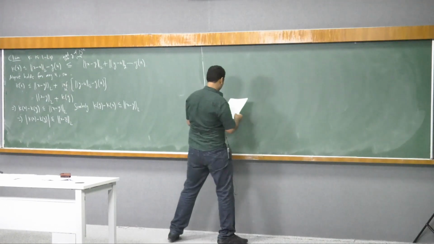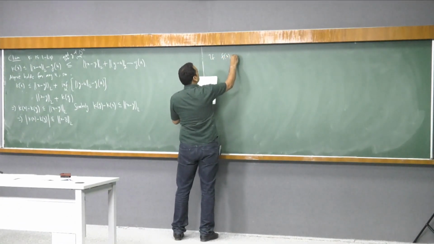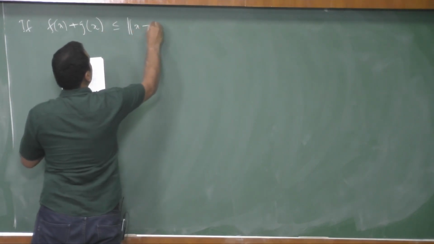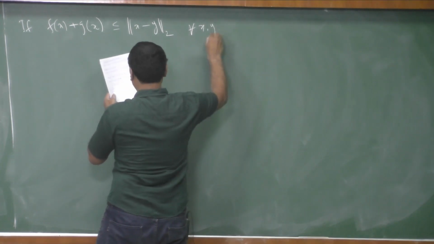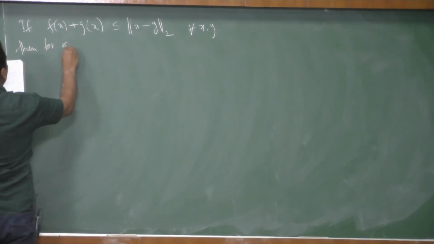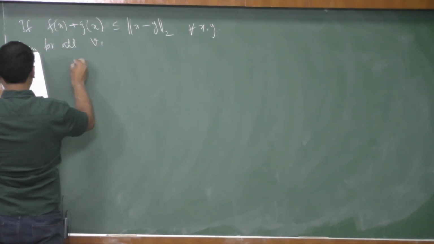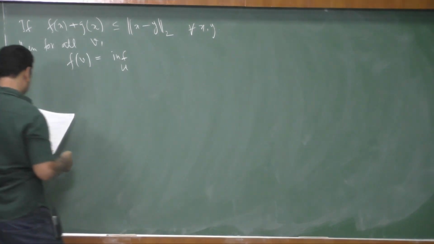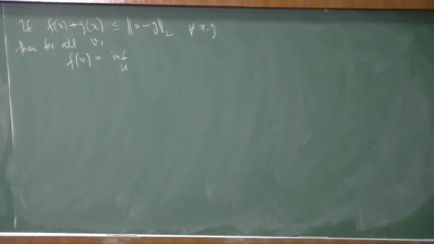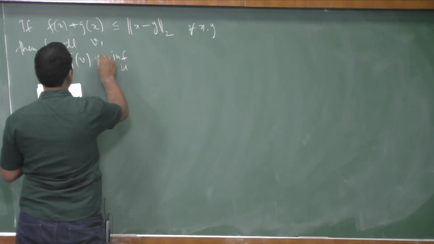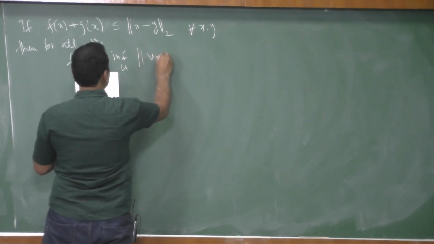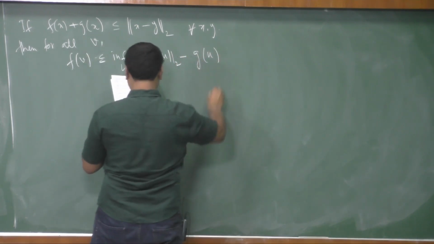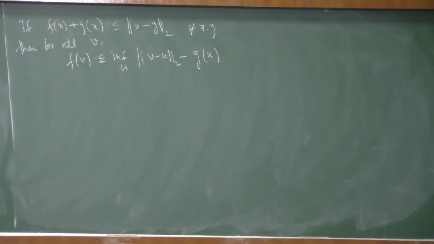So if fx plus gy is less than or equal to the norm of x minus y for all x, y, then for all v, we have fv is less than or equal to the infimum over u of the norm of v minus u minus gu. Is that a correct statement?